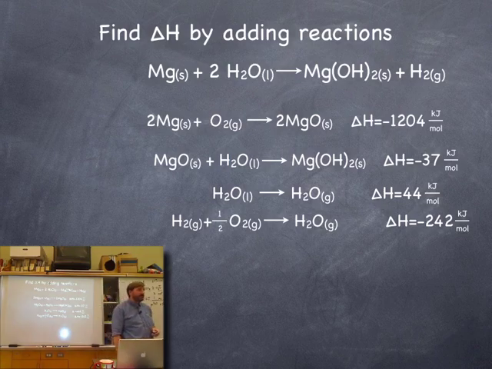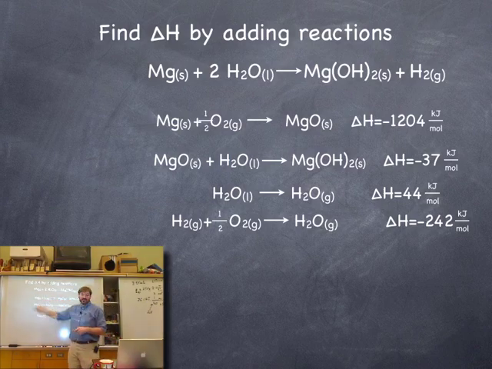What do I need to multiply it by? I've got to multiply it by 1/2. So from 2 magnesiums, it's going to become 1. This oxygen is going to become 1/2. And this magnesium oxide is going to become 1. So I multiplied each part of these by 1/2.